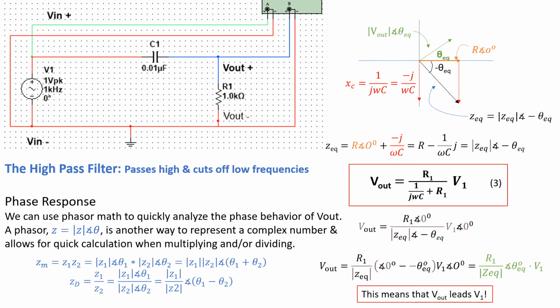Now, we can develop a similar intuition or feel for the phase response across the resistor by relying on the concept of phasors. All of the phase data is contained in the boxed equation 3 on the right-hand side of the slide. Vout is a complex number, and we're showing Vout in Cartesian form.